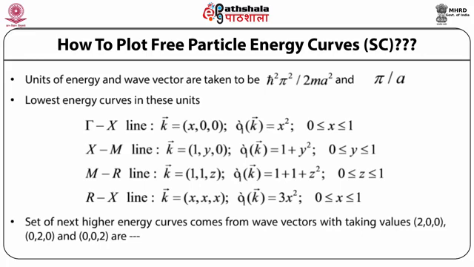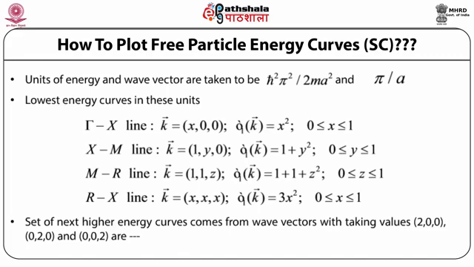Similarly, the MR line indicates the k vector as (1, 1, z) and the energy as 2 plus z square, where again z lies between 0 and 1. And finally, the RX line indicates the components of the k vector as (x, x, x) and the energy as 3x square, where as before x lies between 0 and 1.